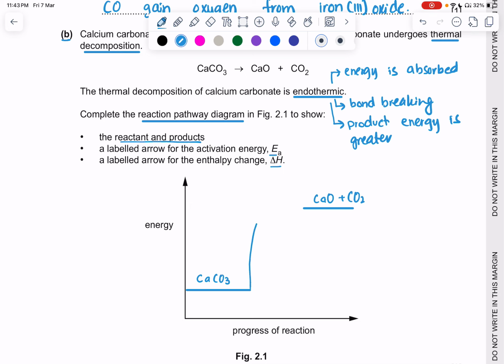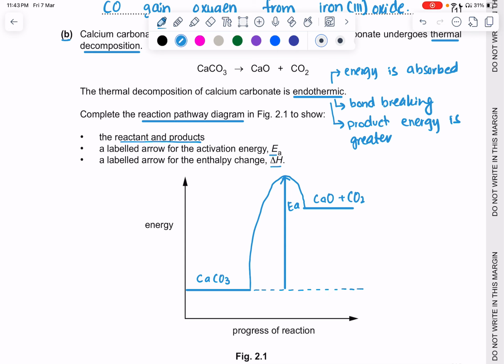So we have to draw a curve from reactant to product like this, and then draw a dotted line just to make sure to draw the EA and the delta H correctly. From the reactant till the peak of the curve, this is called activation energy, EA.